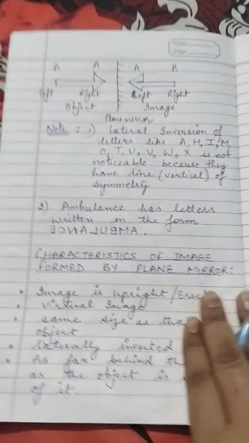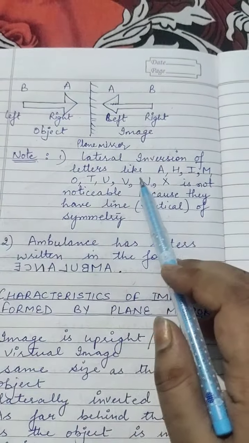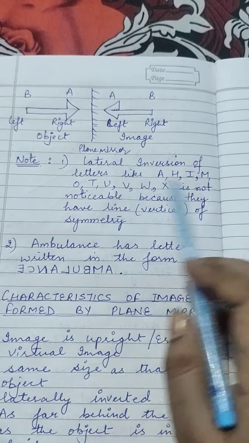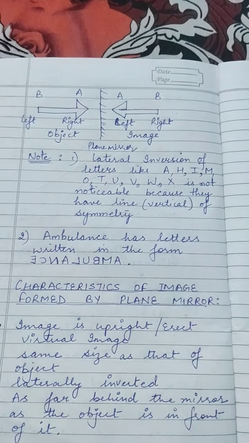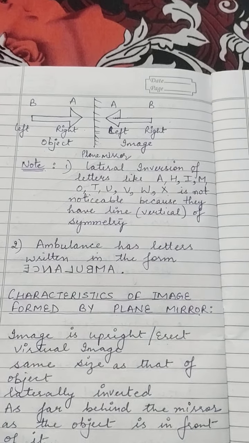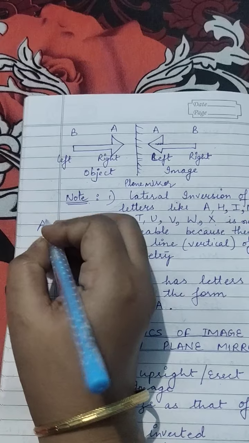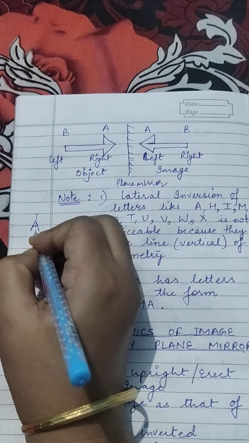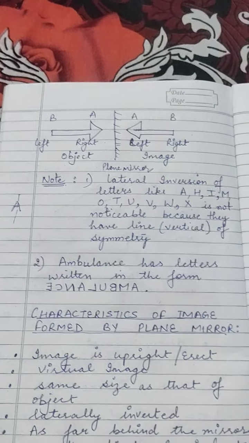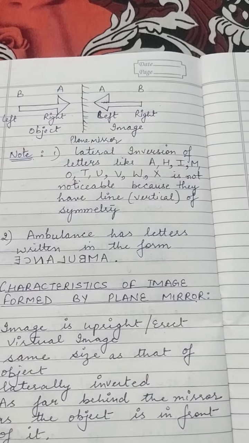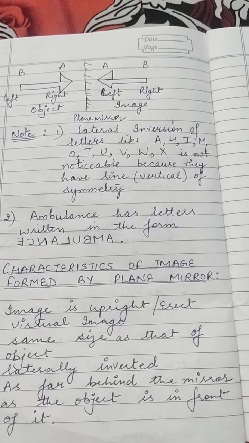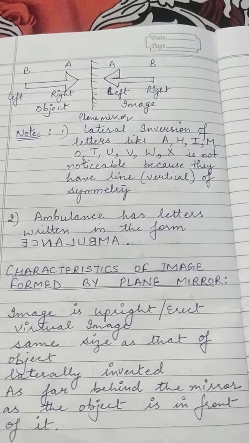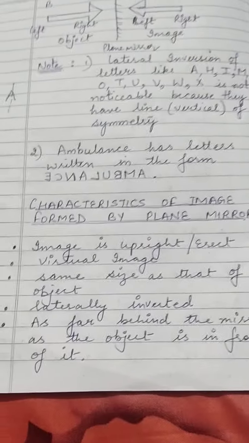Next, the lateral inversion of letters like A, H, I, M, O, T, U, V, W, X is not noticeable because they have a line of symmetry. If A is there, it has a vertical line of symmetry, so the left and right of this A will be the same. So even if the interchange is there, it is not noticeable.